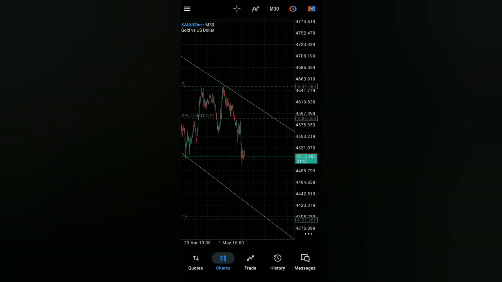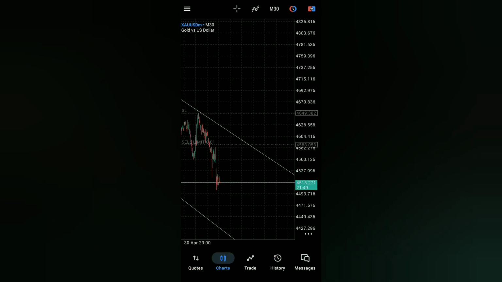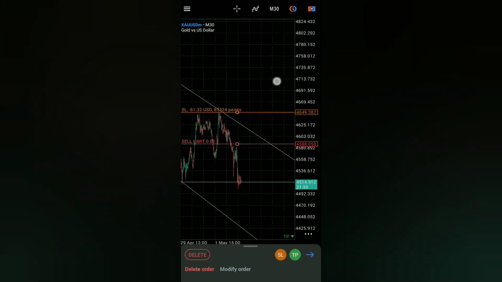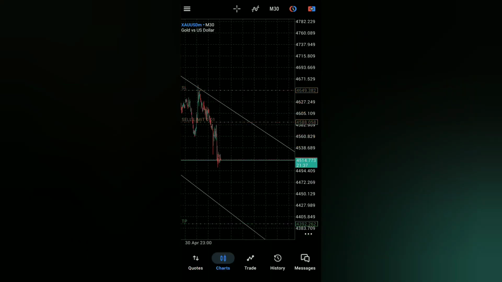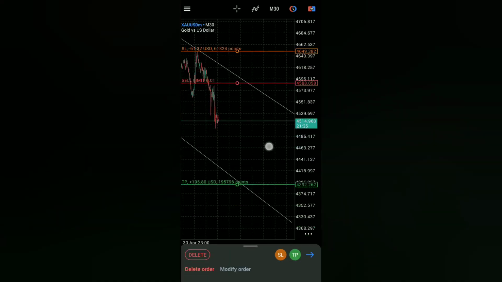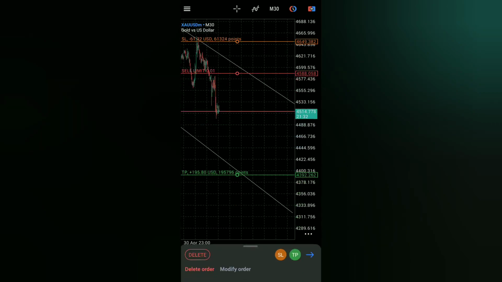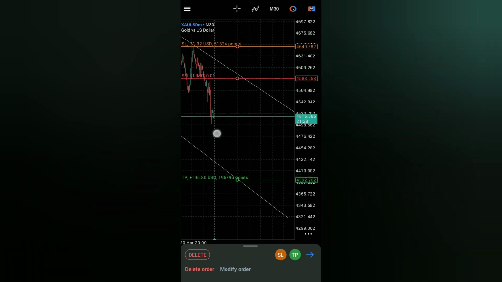Even if it doesn't come down to this white line, so long as these candles come up to this sell and touch it, I've entered the sell order. My loss or profit is already counting. When it comes up again and touches this place, I have lost what? $61. But when it comes and touches here, I will enter the trade. Then it comes and touches this plus $195. I've made $195.